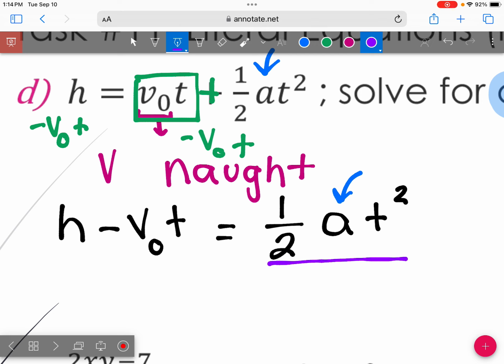Divide by what? 1/2. Well, I want to keep the A. Oh, 1/2. So we can divide by our 1/2. That's fine. What else do we need to divide by that's being multiplied against my A? T squared. Not the easiest to divide by a fraction. Not wrong, but it's not the easiest.